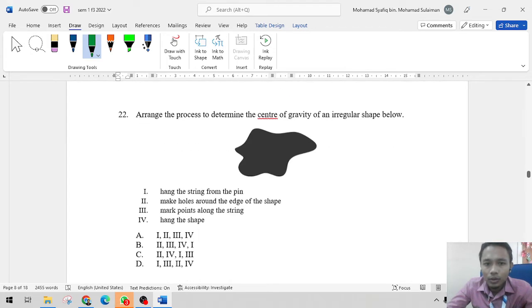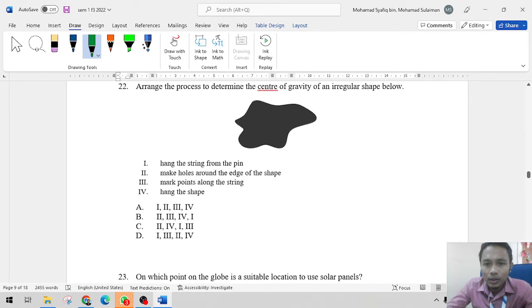Number 22, we need to find the center of mass. First we make holes around the edge of the shape, then hang the string from the pin, and hang the shape.